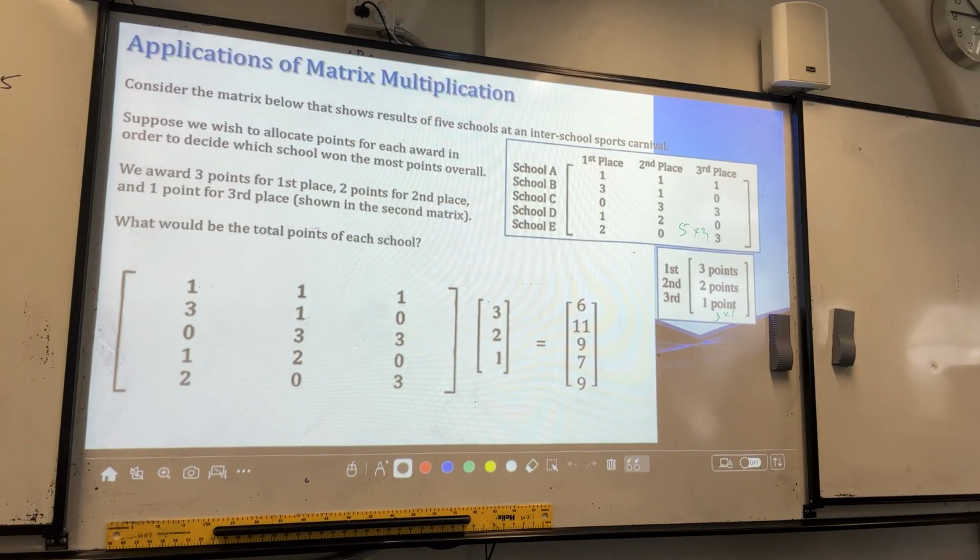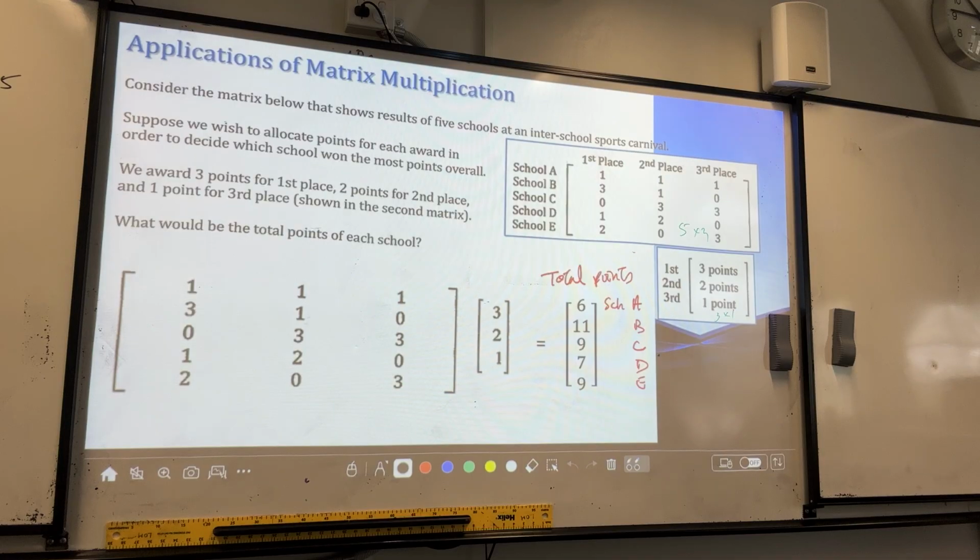Yep, School A 6 points, B 11, C 9. Thank you. That's right. So this will be the total points. If I want to label this matrix, that will be the total points, and these will be school A, B, C, D, and E.